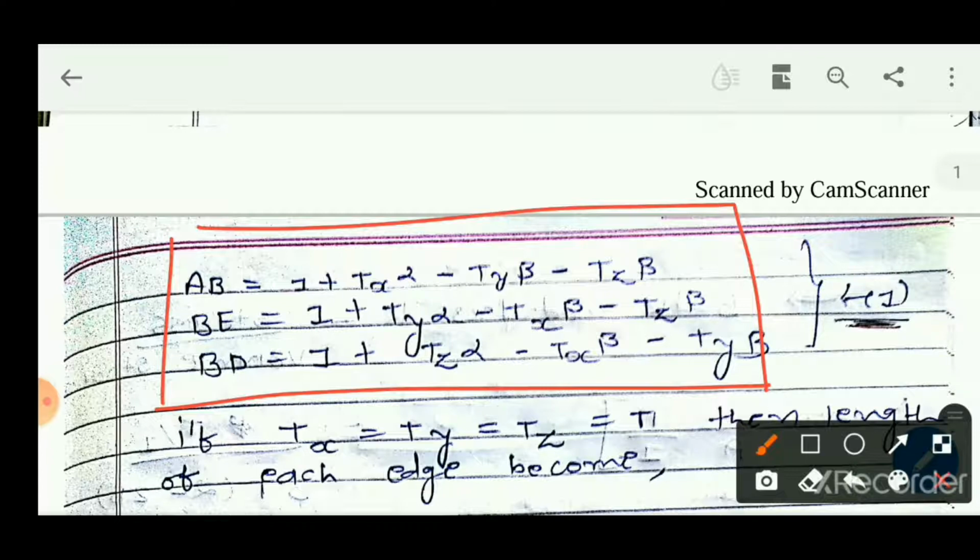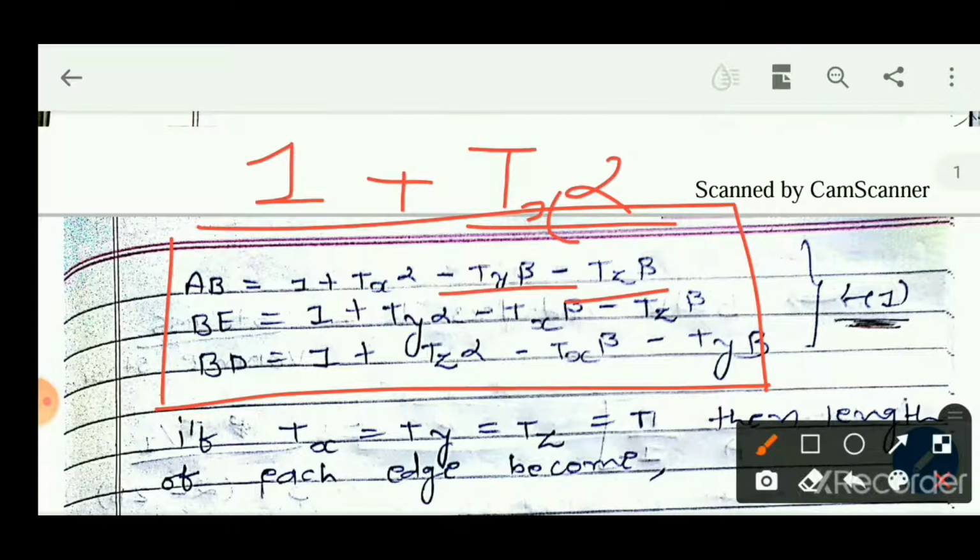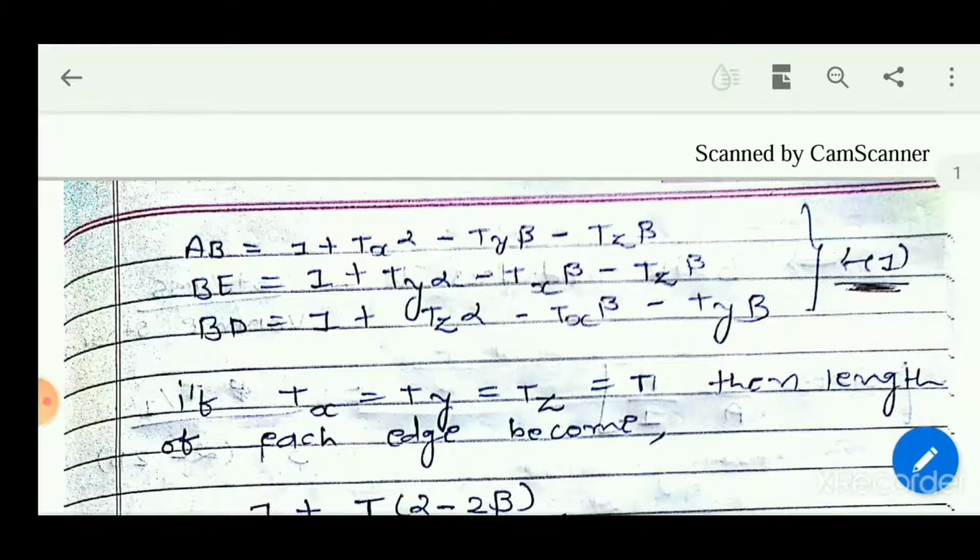AB has original length 1, because it's a unit cube, plus Tx alpha, since the force produces an increment called alpha. The other two directions are contraction, so minus Ty beta and minus Tz beta.